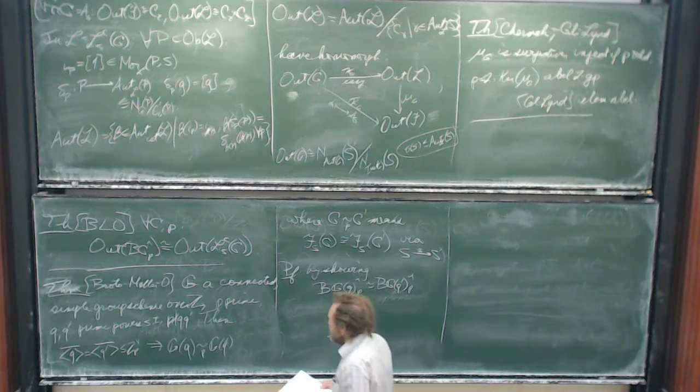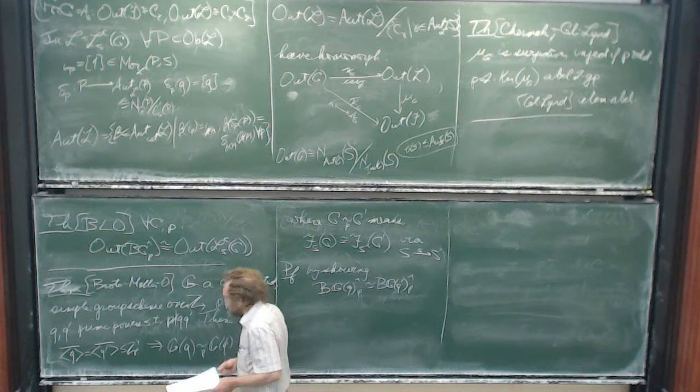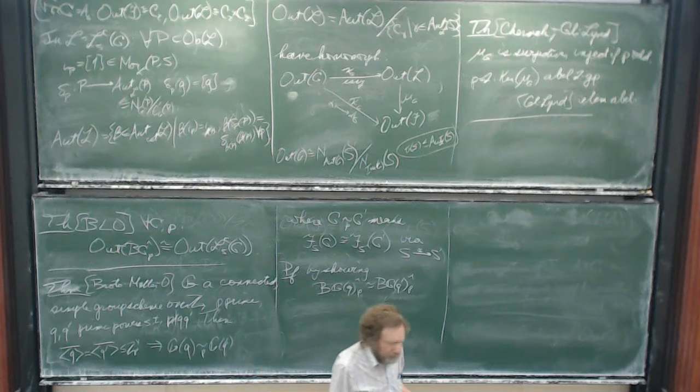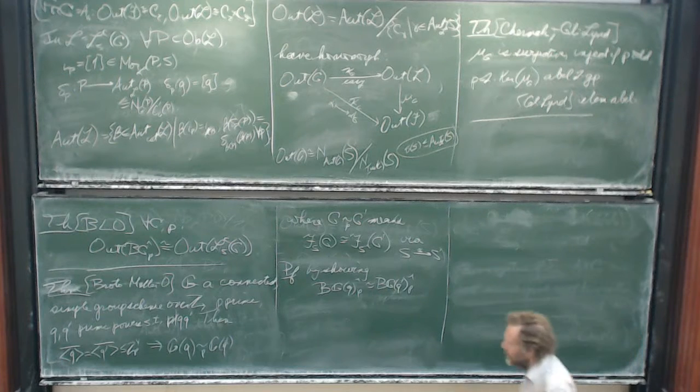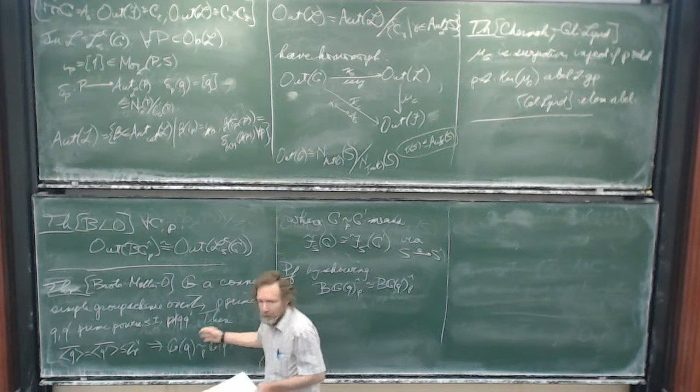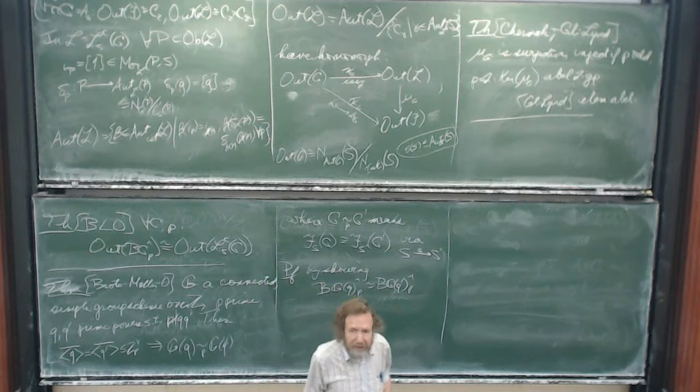The main problem with this is that q and q' could be powers of different primes, so that it's hard algebraically, so there might not be any homomorphisms connecting them. Yeah?